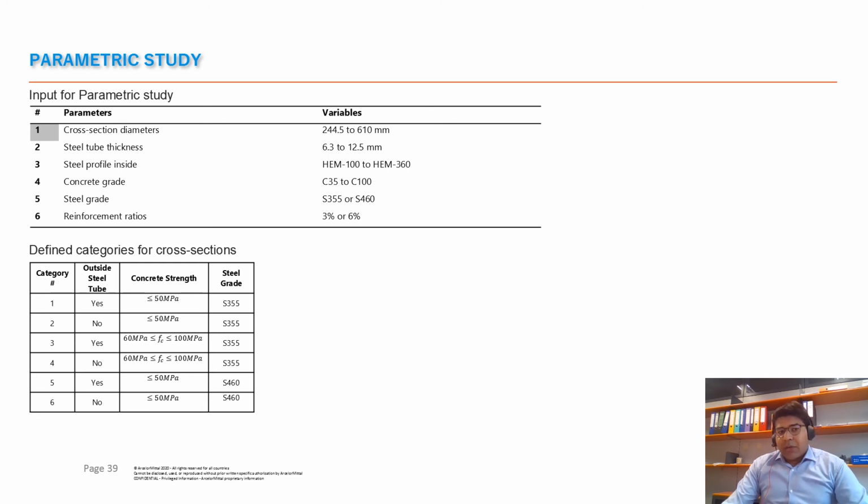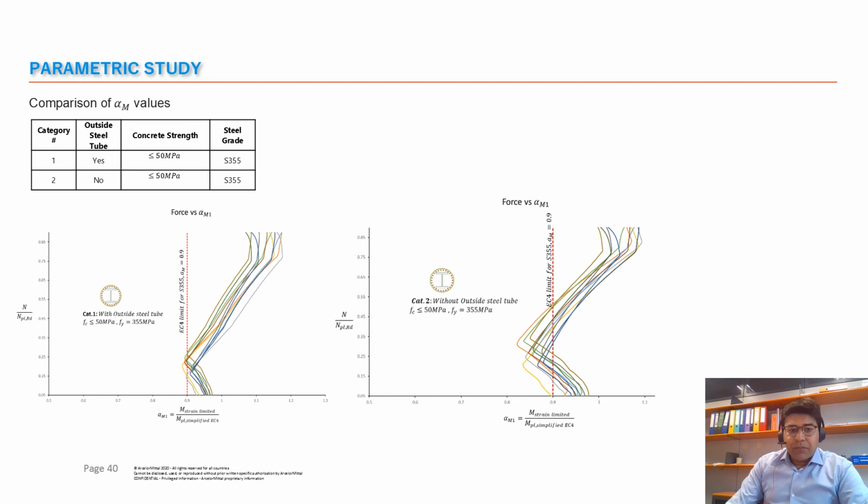These input parameters were also further subdivided into different categories of cross section. For example, in category 1 you see an outside steel tube with normal concrete and steel grades, and category 2 has no steel tube with normal concrete and steel grades, and so on.